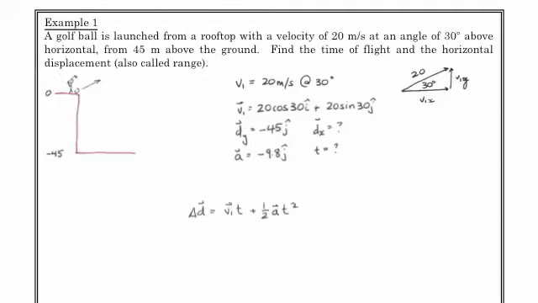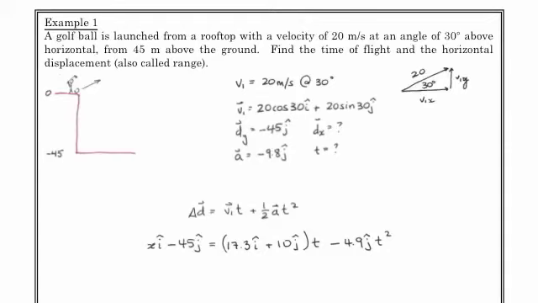So let's put these things together. We're going to start with displacement equals v1t plus 1/2 at squared. And so we can write this now using our I hat, j hat notations. So some range x in I hat minus 45 j hat, that's our change in displacement, equals 17.3 I hat plus 10 j hat.